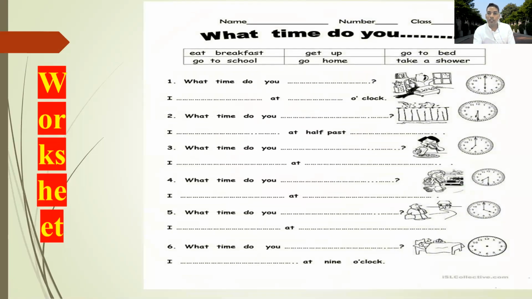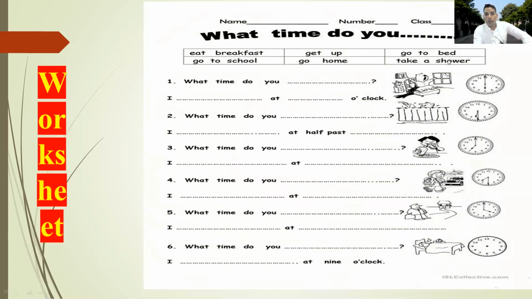Next is the worksheet. There is a written worksheet, and I have already taught you about what time. You can see here, you can write your name, your number, your class. Next there are questions: what time do you eat breakfast, go to school, get up, go home, go to bed, take shower.